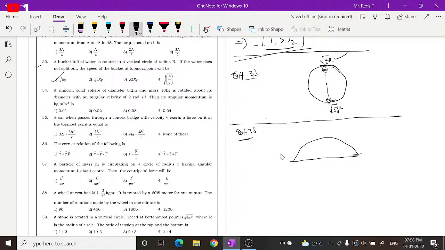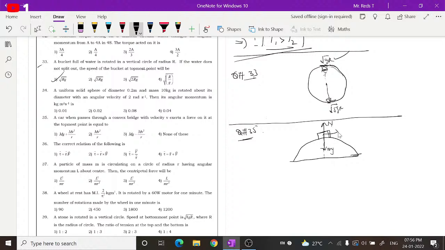Question number 35. When a car passes through a convex bridge with velocity v, it exerts a force on it at the topmost point. If this is the topmost point, how much force will it exert on the bridge is the question. If the car has mass m, mg will act downwards, and of course the normal reaction will be in the upward direction, right?